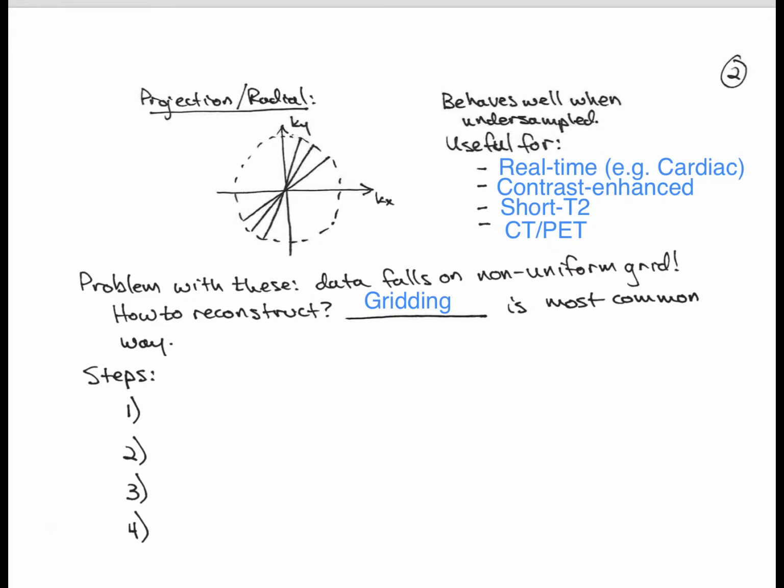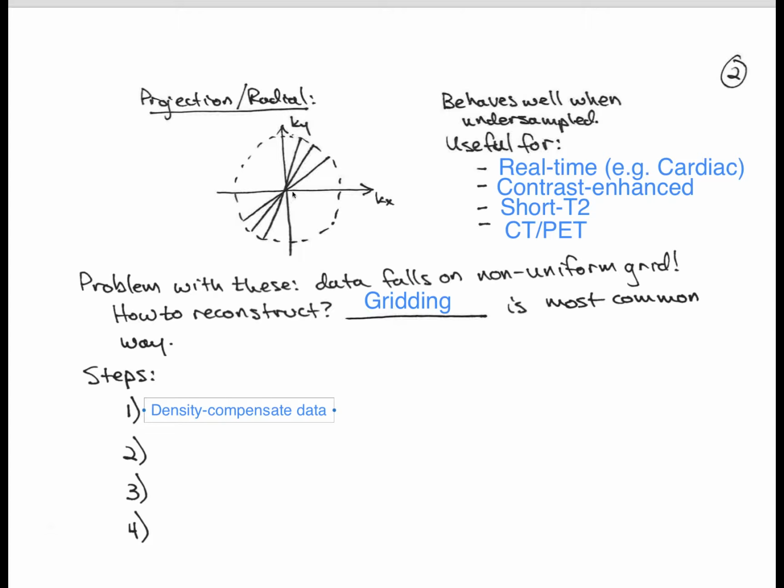Let me change my font size here so I can fit more text on here. The steps that we take in gridding, as we talked about in class, are to first density compensate the data. Generally, with all useful trajectories in MR, we have a higher sampling density at the low frequencies.